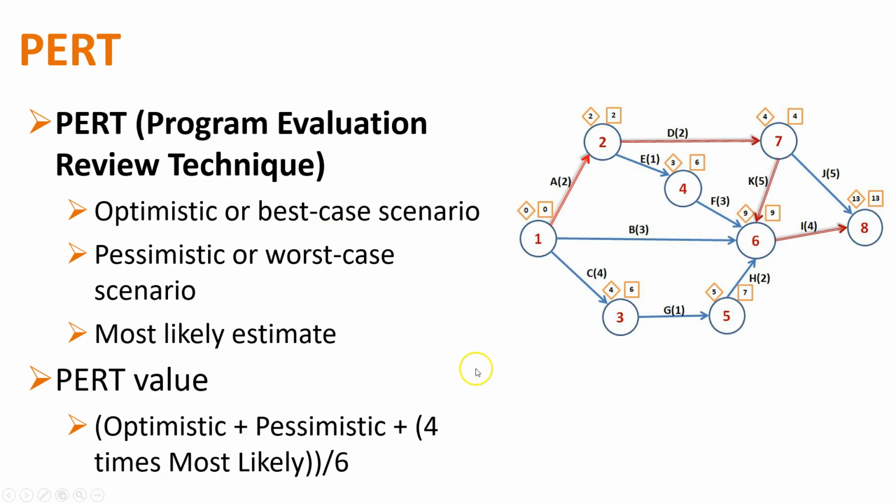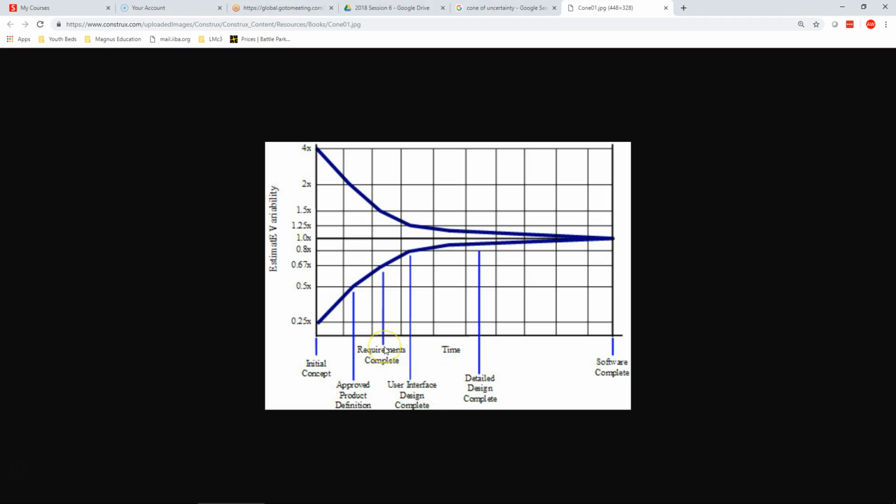And then as you go through, let's say that you're in requirements, now you can say, let's say 0.75 to 1.5. Right? So now you can say, well, the overall project is going to take anywhere from 9 months to about a year and a half. It's so much easier.